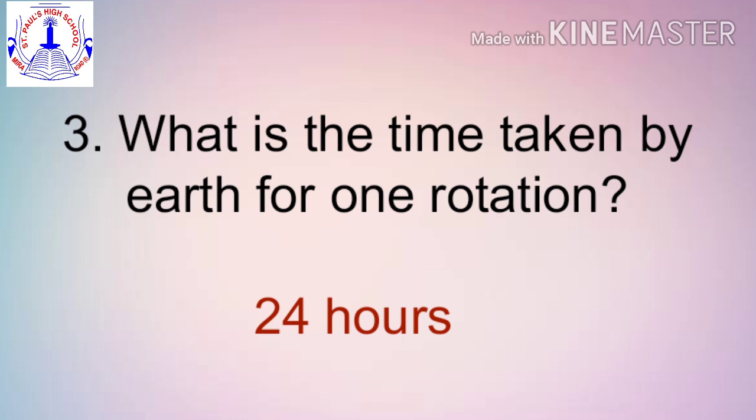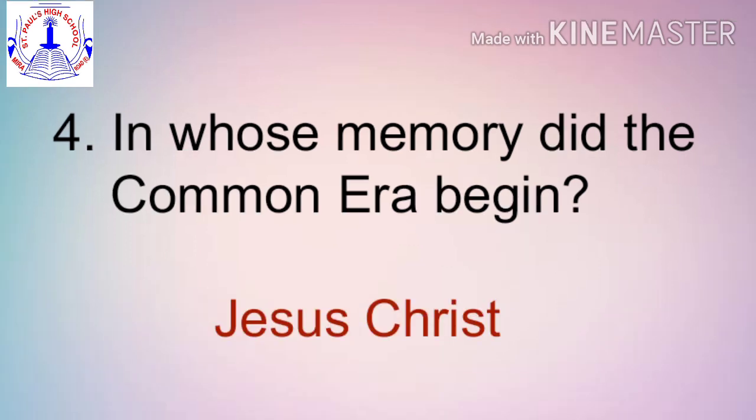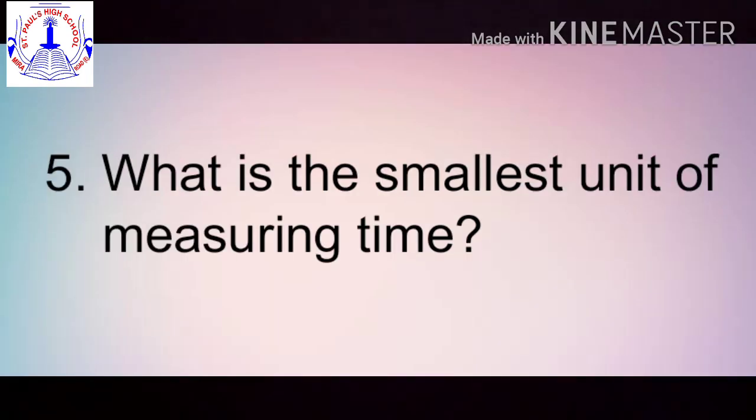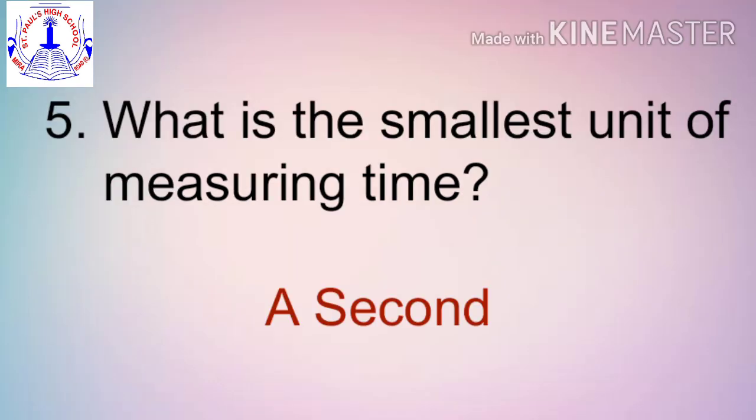Absolutely right. Fourth, in whose memory did the common era begin? Correct. Jesus Christ. And fifth, what is the smallest unit of measuring time? Excellent. The answer is a second.